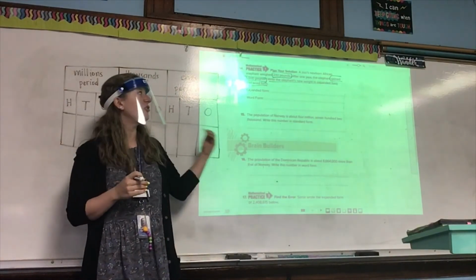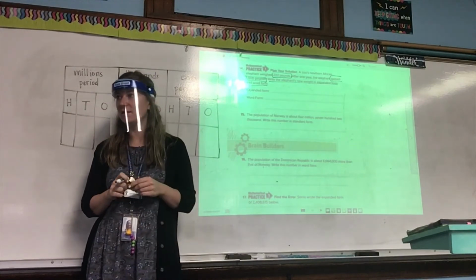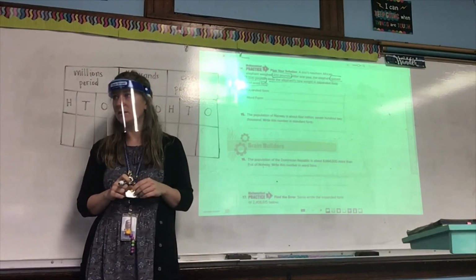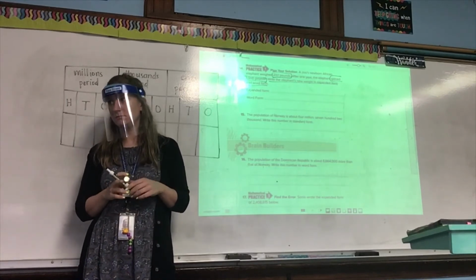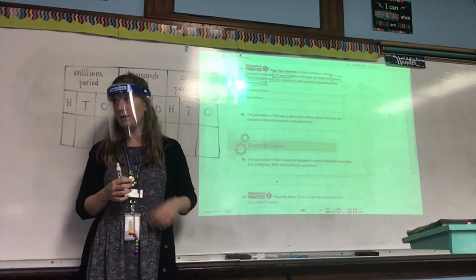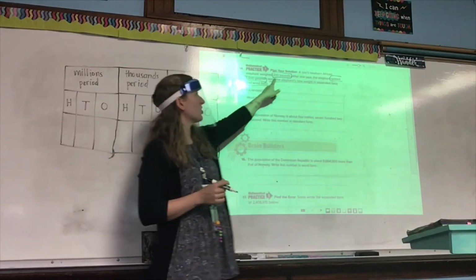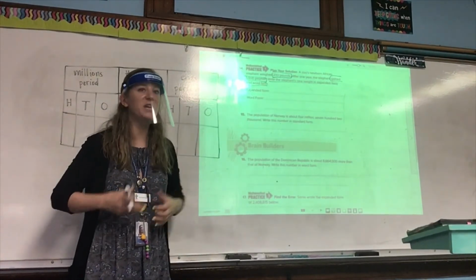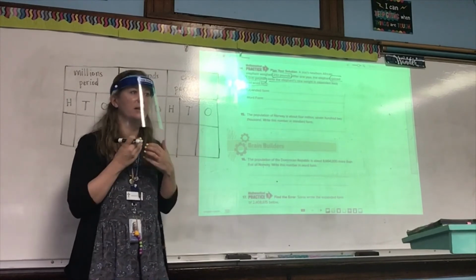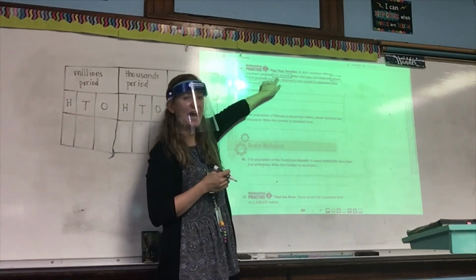What did you have to do to get the new weight? Good. You had to start with 232 and then add 1,000 because if you gain something, it means you get more. You don't lose what you already had.